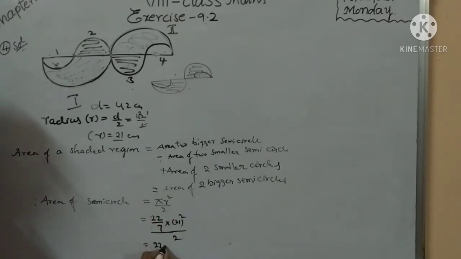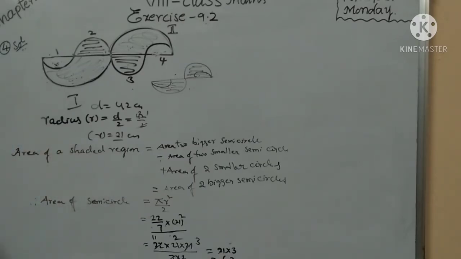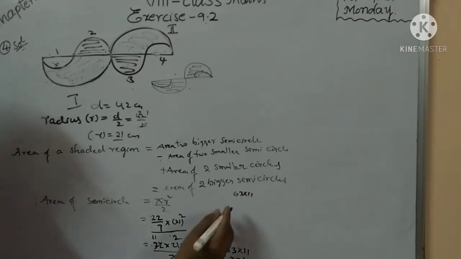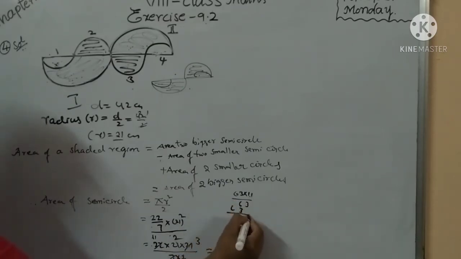Write 22 into 21 two times by 7 into 2. 7 twos are 14; 7 threes are 21, so finally 21 into 3. 3 ones are 3, 3 twos are 6, so 63. And 11 also is there: 63 into 11 is 693.